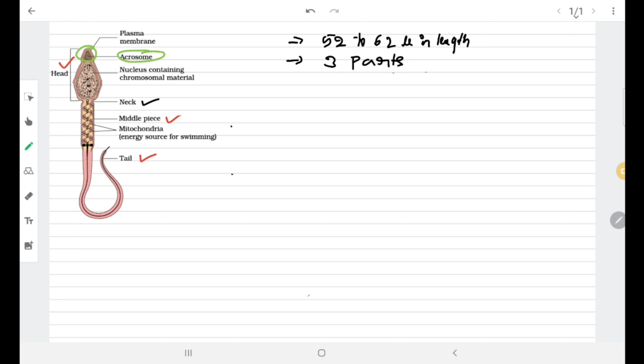The neck is around 0.3 micron in length. This neck is comprised of two very important functional centrioles.